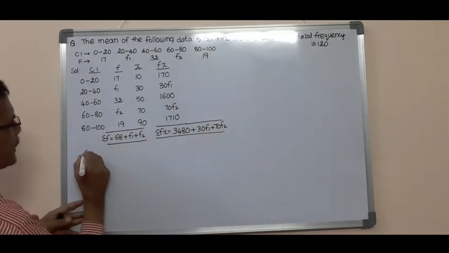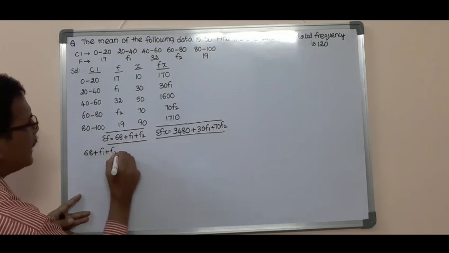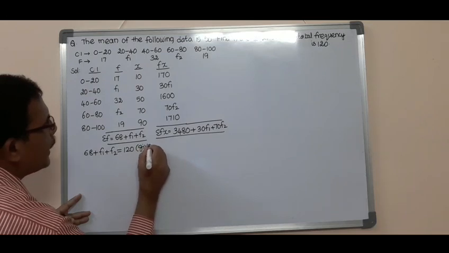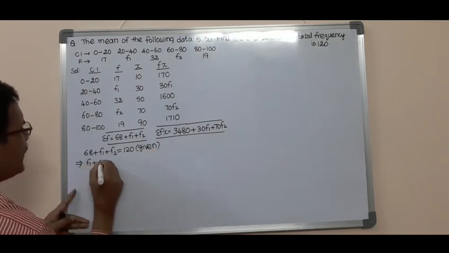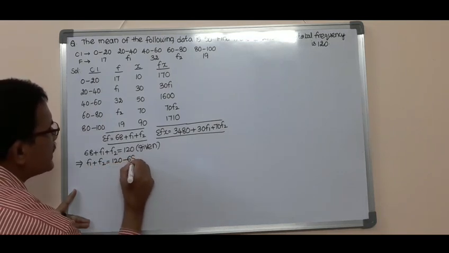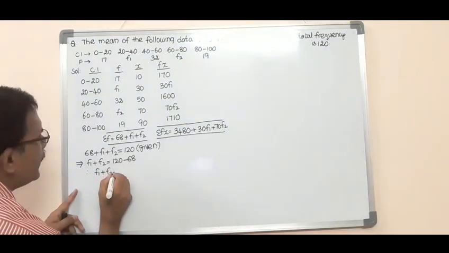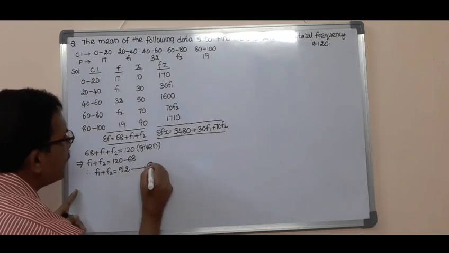Now 68 plus f1 plus f2 is equal to 120. Total frequency is given 120, implies f1 plus f2 is equal to 120 minus 68. Therefore f1 plus f2 is equal to 52. This is equation 1.